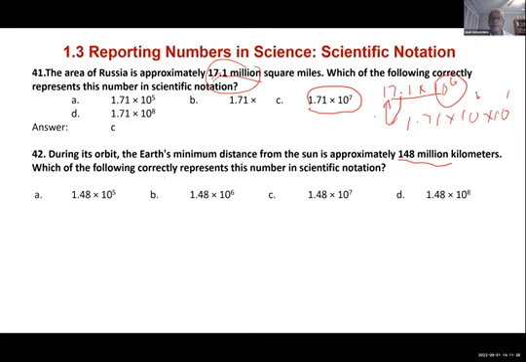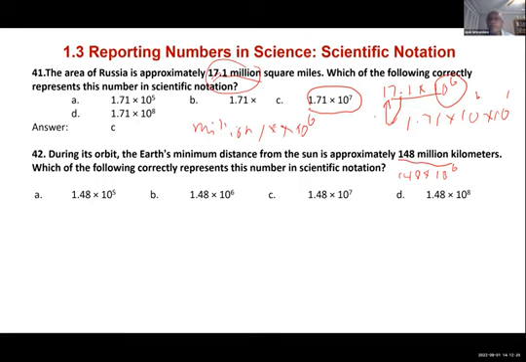So we have to convert it to scientific notation, just like what we did before. 148 multiplied by million. Million is 10 to the 6. Million is 1 times 10 to the 6. That's why 10 to the 6 is here.